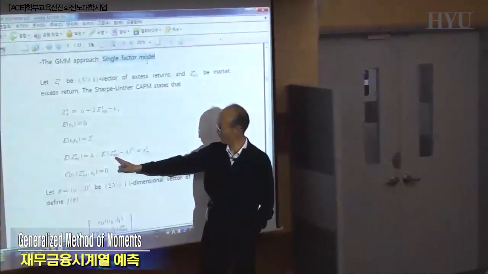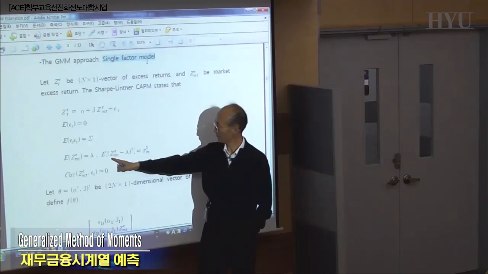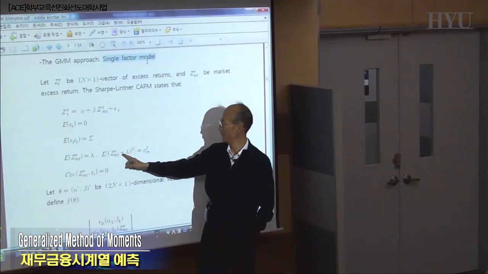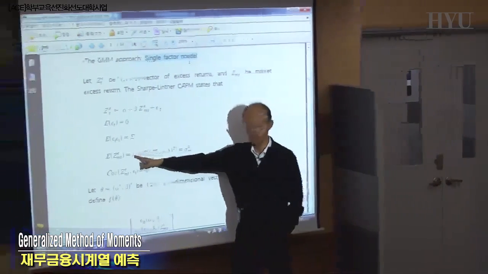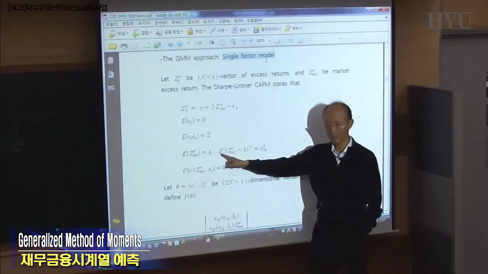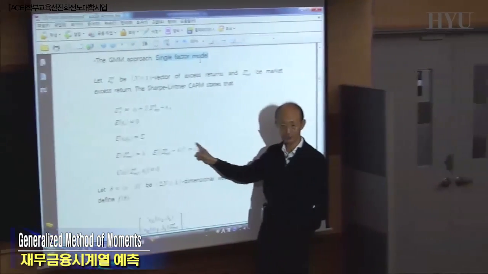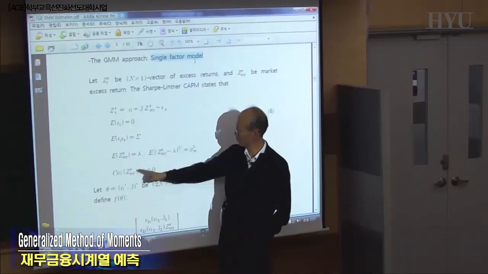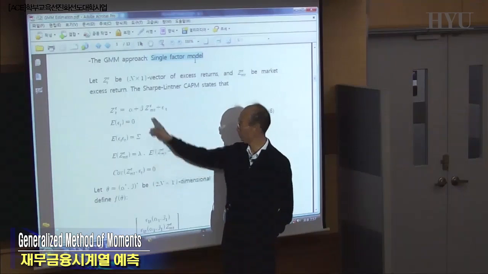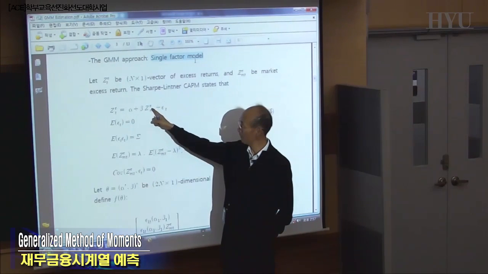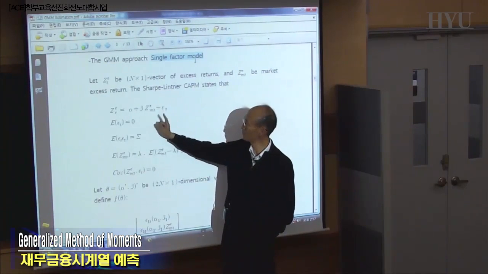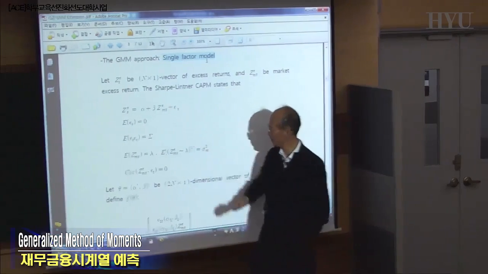Well, the market excess return, its deviation from its average squared, and taking the average, that's the variance, right? And we assume that these are not correlated, because this is a factor. Factors are not correlated with each other, nor with the epsilon term.